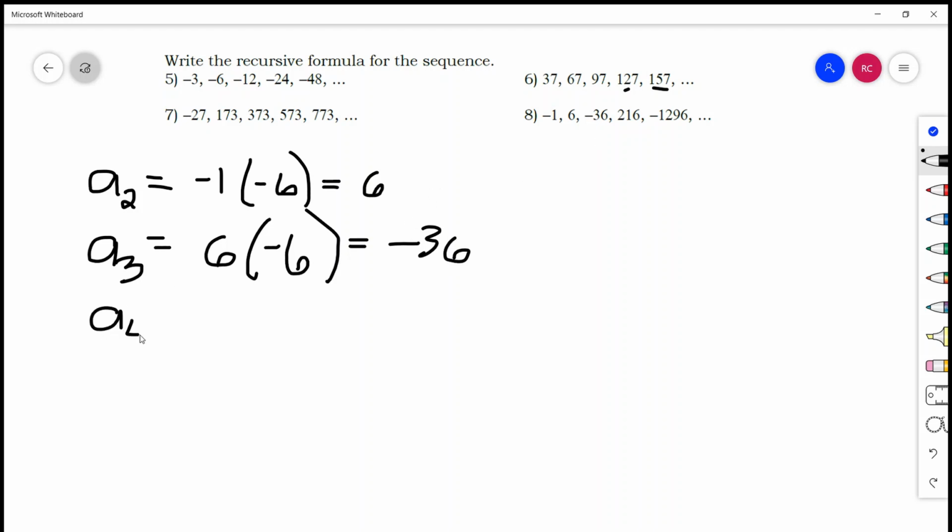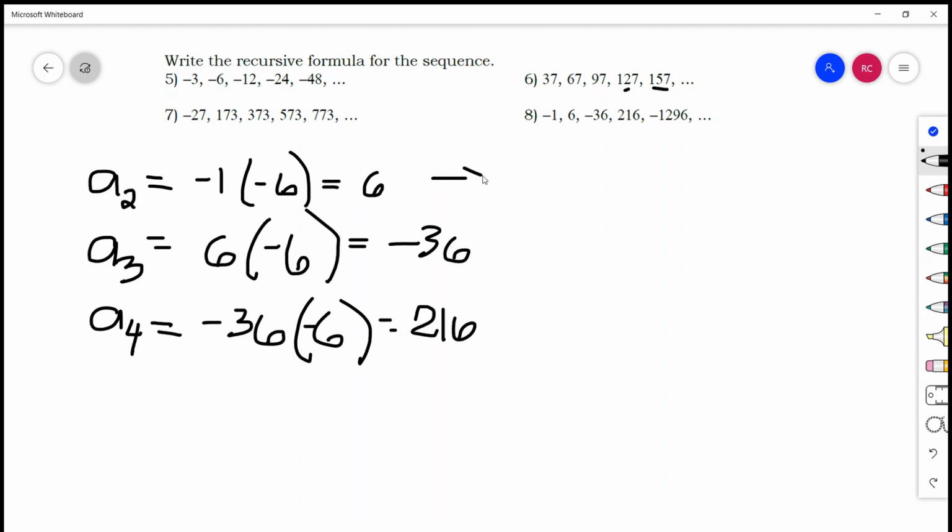And a sub 4, or the fourth term, is negative 36 times negative 6. And the answer is positive 216. Okay, so by this we have a pattern.